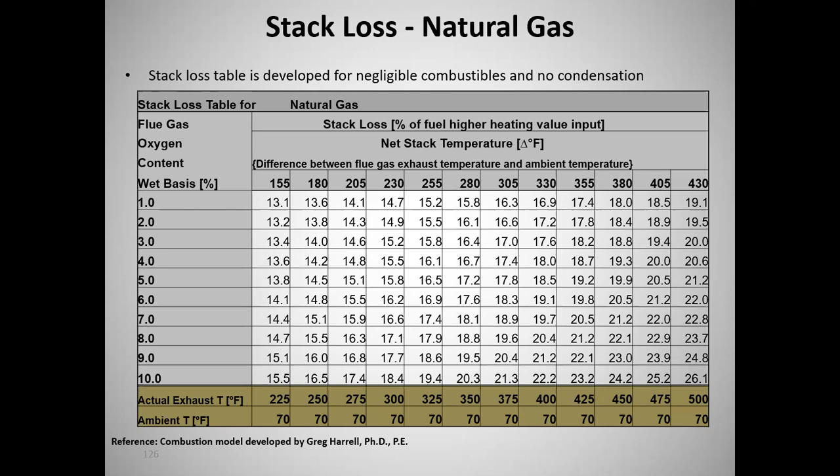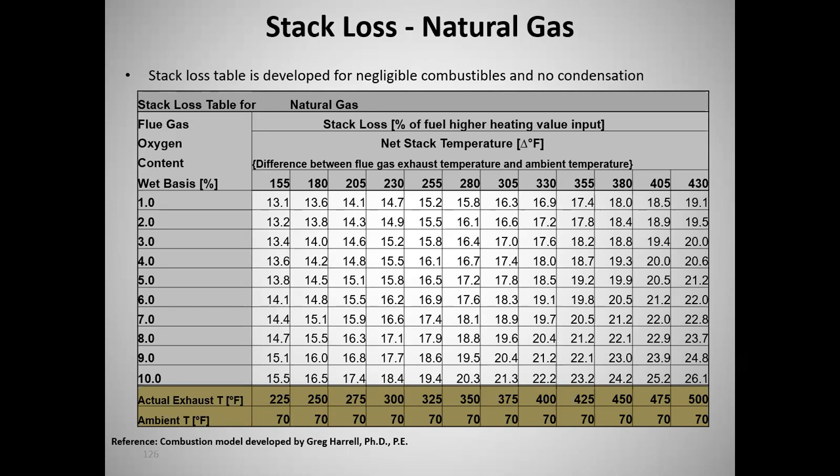If you look down at the bottom, you'll see an actual flue gas exhaust temperature and an ambient temperature, and you see that 225 minus 70 is 155. The net stack temperature is the temperature that you want to enter the table at. You're not always going to match the two numbers at the bottom, but if you get the net stack temperature correct, then that's what you're concerned with.